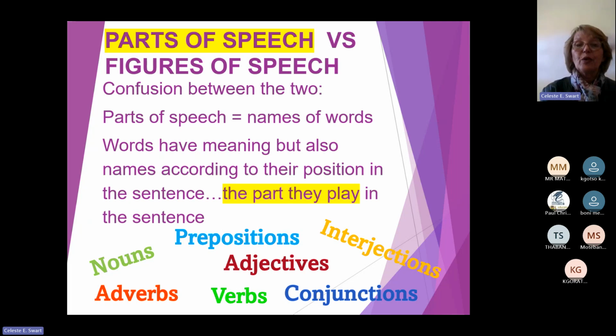So we can have, for instance, the word "the" would be a determiner. That's the name of the word, the. You and I have a name. I'm a person. You are a person. I am Celeste Swart. That's my name. But my name also has a meaning. And in the same way, the tells us something specific.